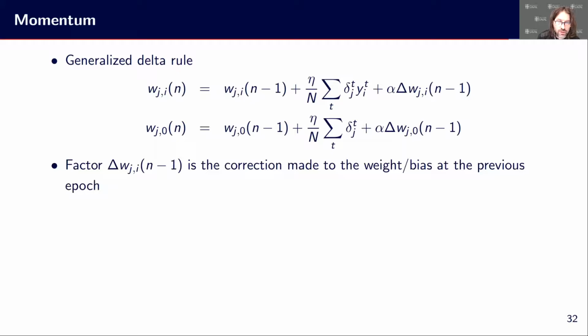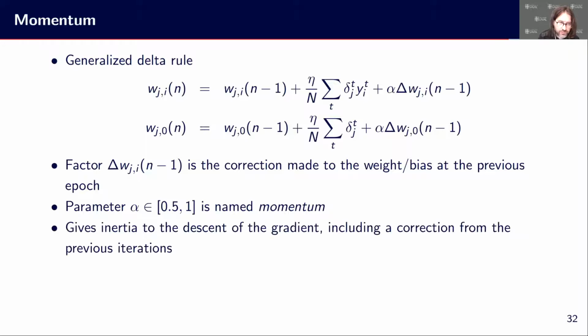And the point is that this correction, this kind of memory element, is really good to smooth out the training. So we make the update using the usual rule plus the momentum element that is parameterized by alpha, and alpha is giving us somehow the importance of the memory component, the importance of the previous updates that we keep inside our current update, and this parameter is called the momentum by itself.